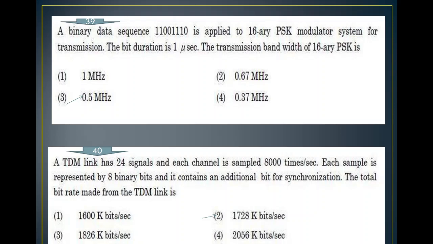The total bit rate of the TDM link is, and your option first 1600 kilobits per second, option second 1728 kilobits per second, option third 1826 kilobits per second, and option fourth 2056 kilobits per second. The correct option is second, that is 1728 kilobits per second.